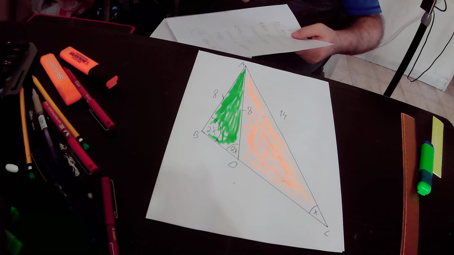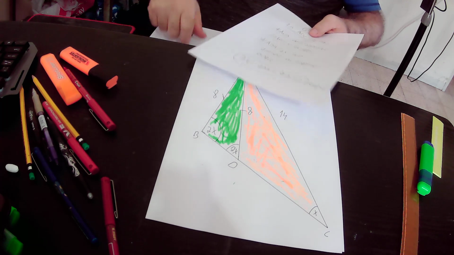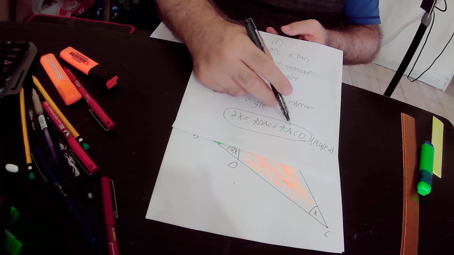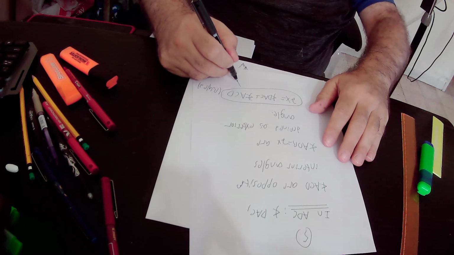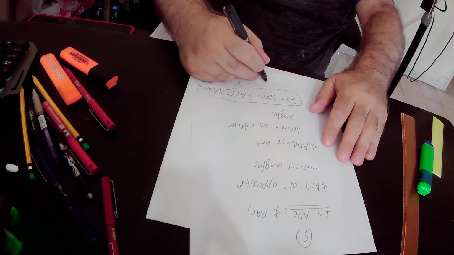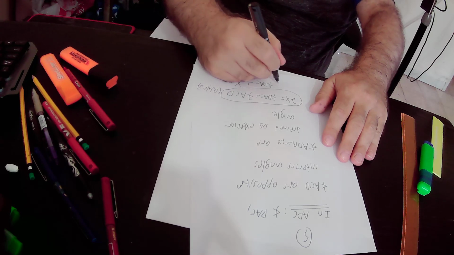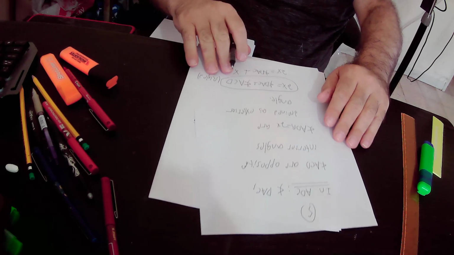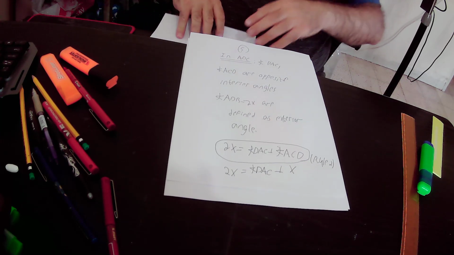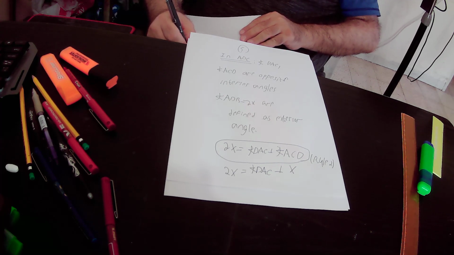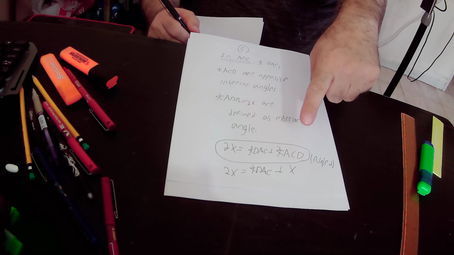Okay, but what is the value of angle ACD? The value of angle ACD equals x. So here we can substitute angle ACD by x. Angle DAC plus x equals 2x. So we got the equality that 2x equals angle DAC plus x.